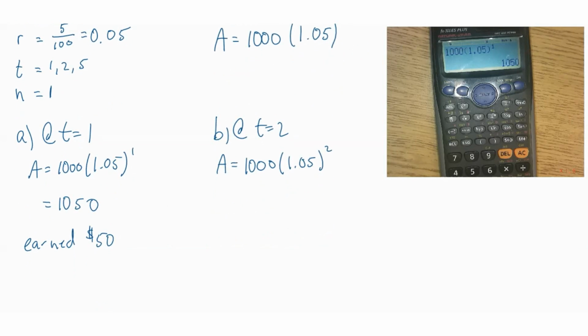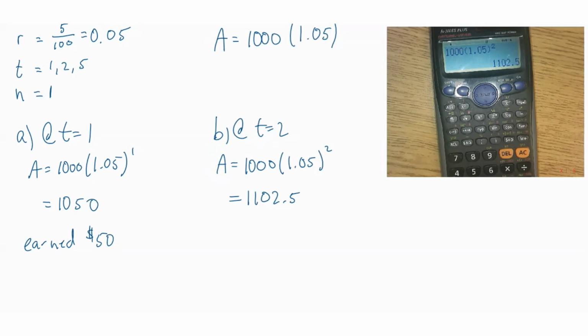You might think that, so let's check it out and see. 1,000 bracket 1.05 bracket squared. And we're wrong. If we thought that, we were wrong. It's not 1,100. If I added another $50, I'd be at exactly 1,100. I'm a bit more than that.